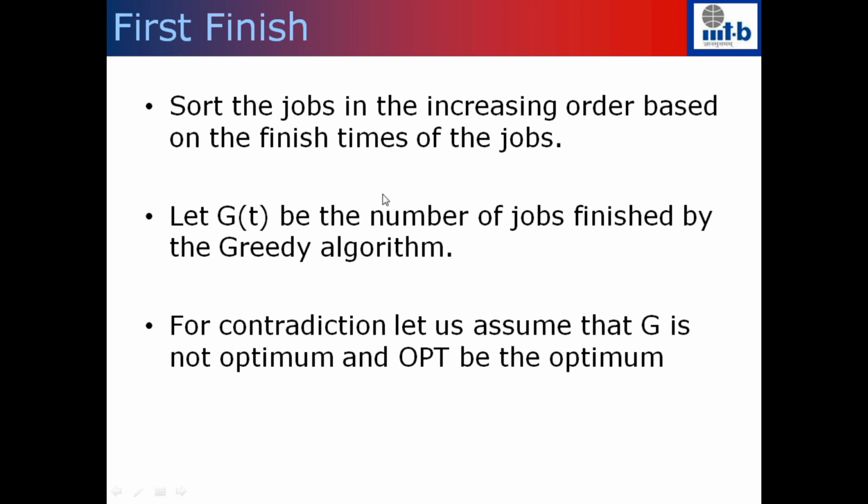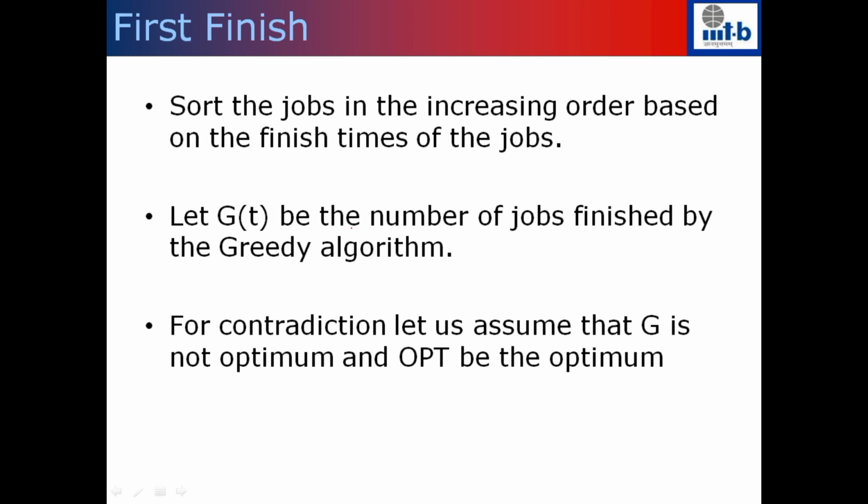And again among the remaining jobs we just look at the job which can finish first, right? So in other words, we sort all the jobs in the increasing order based on the finish time, and consider these jobs in the sorted sequence, and schedule the first job, remove all the jobs which conflict with that, and again among all the unscheduled jobs pick the one which finishes first, and so on.